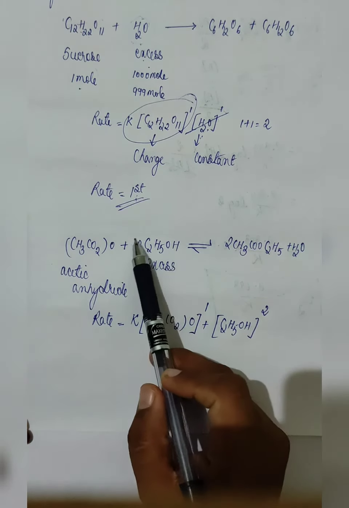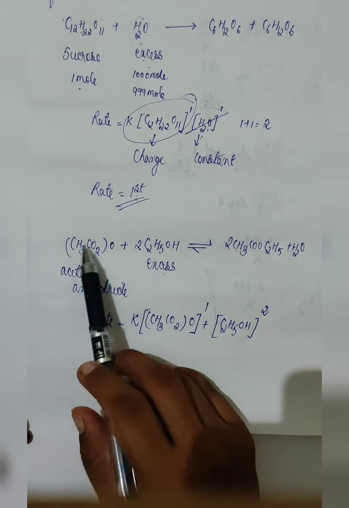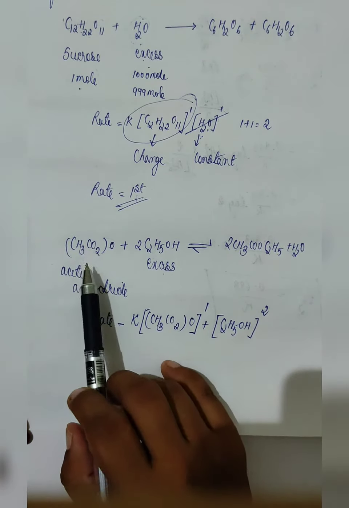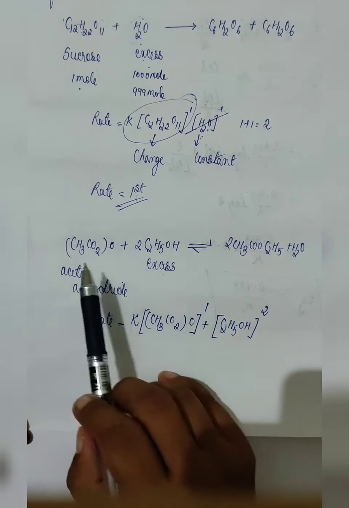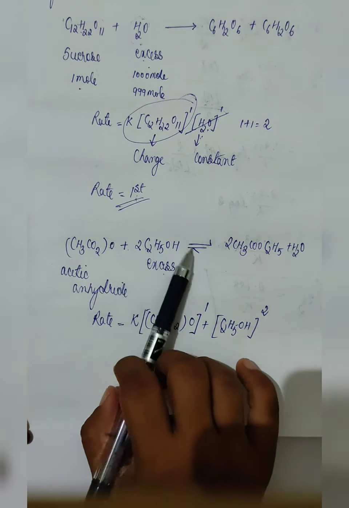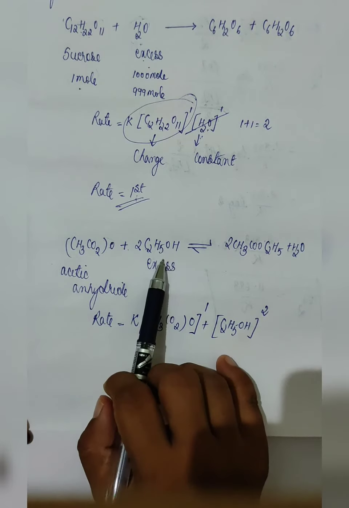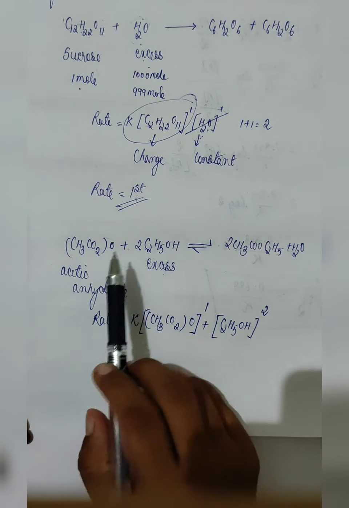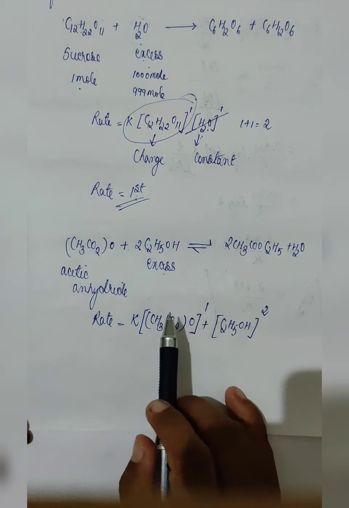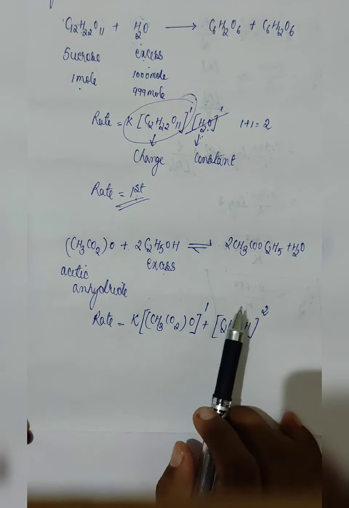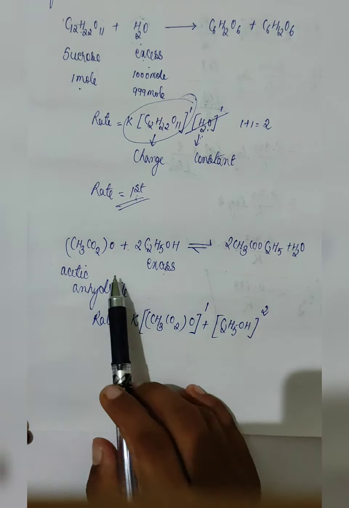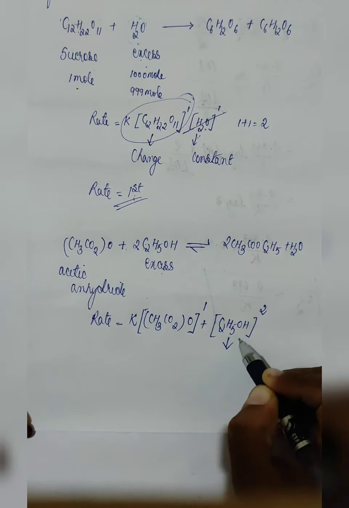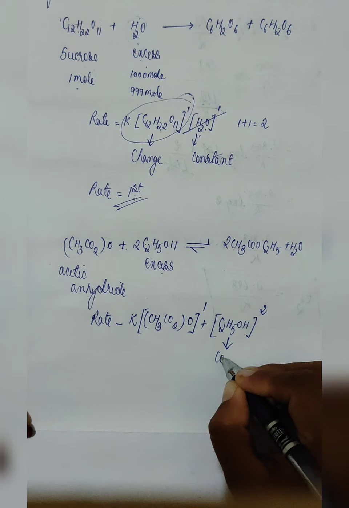The same follows for this reaction. That means this is present in excess and this is present in 1 mole. So 1 mole will react with 1 mole of this compound. So there will be some leftover moles of this compound. So here this reaction should be a third order reaction, 2 plus 1, third order. But in the same way, this concentration remains constant.